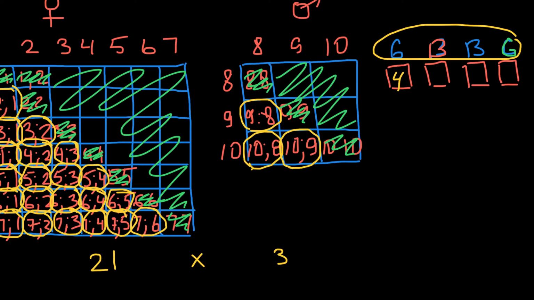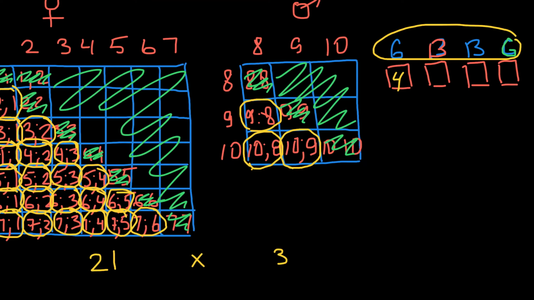What can be the first person? It can be, for example, this girl, or this boy, or this boy, or this girl. So 4 variants.